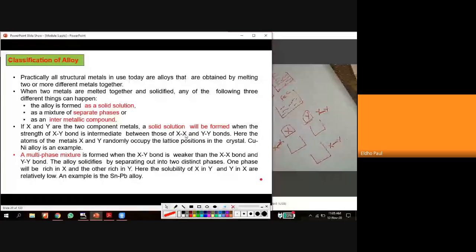Both elements dissolve completely together and form a solid solution.